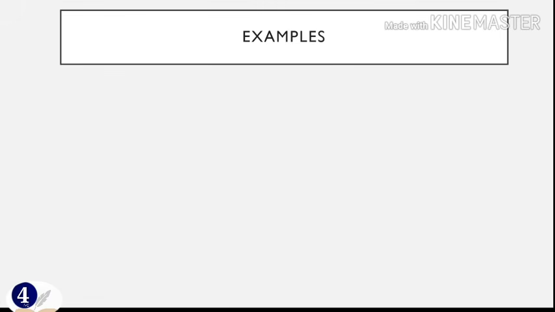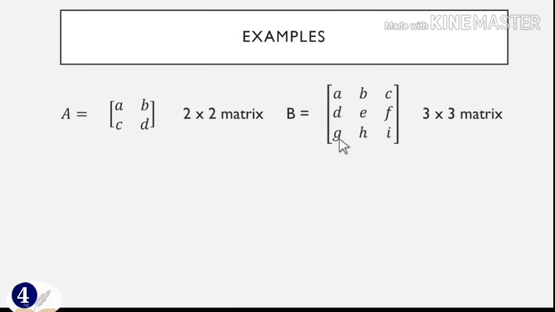Okay, now let's see some examples of matrices. When it is one, we call it a matrix; when there is more than one, they are called matrices. Okay, anyway, let us see our example.